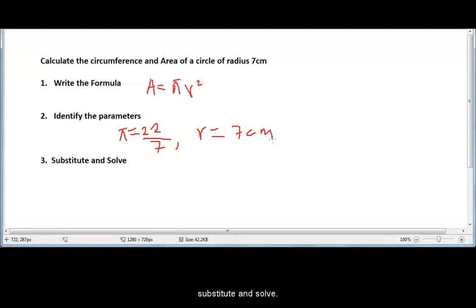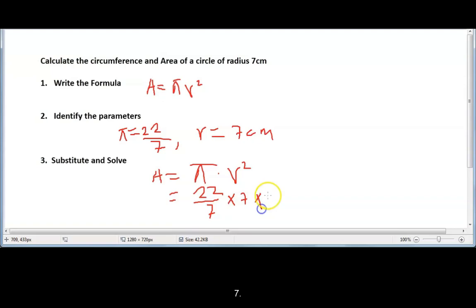Okay, substitute and solve. A is equal to pi multiplied by r square, so that is 22/7 for pi times 7 times 7.